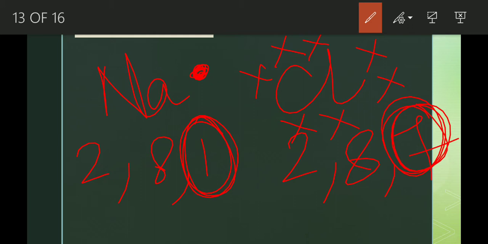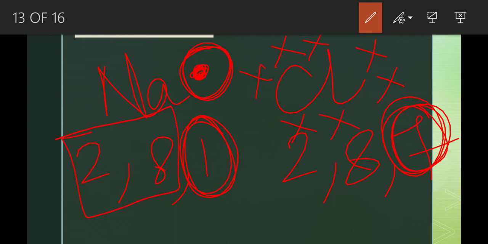Now, sodium needs to lose this electron so as to attain a stable electronic configuration, so as to complete the octet. Because sodium needs to attain the electronic configuration of its nearest noble gas, which is neon. Atomic number of neon is 10, that means 2, 8.